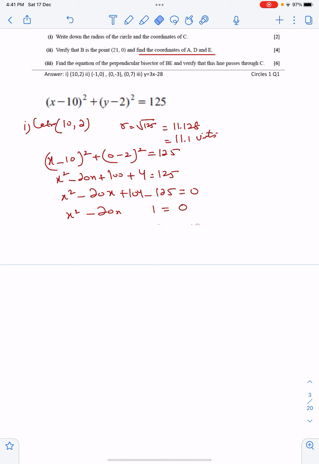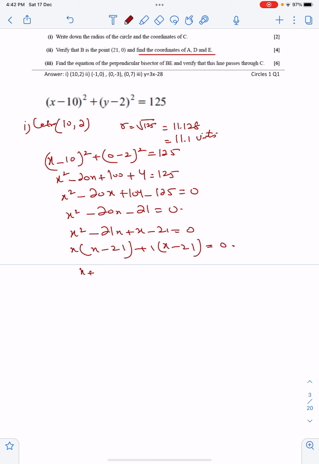This factors with 21, so we can break the middle term: x squared minus 21x plus x minus 21 equals 0. Okay, so x is common, and (x minus 21) is common. (x plus 1) is the first bracket, (x minus 21) is the other bracket. x equals negative 1 and x equals 21.